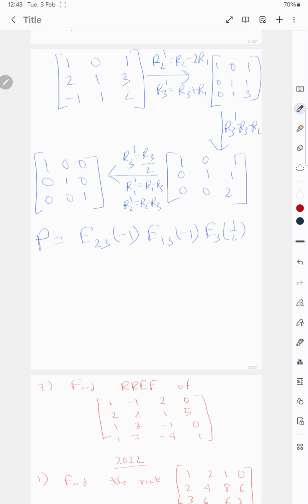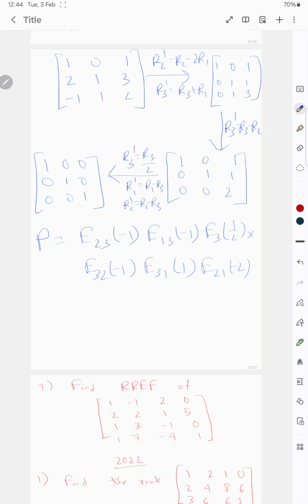Now you have the previous operations, that into E3 2 minus 1, then you have E3 1 1, then you have E2 1 minus 2. Okay, so these 3 operations you have.